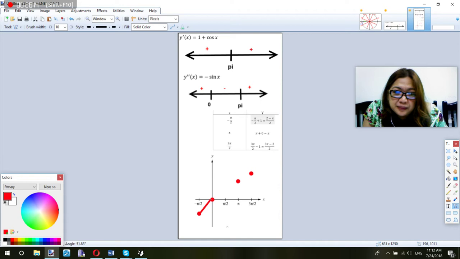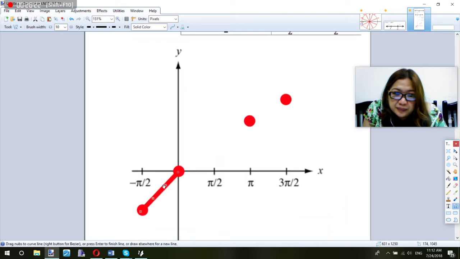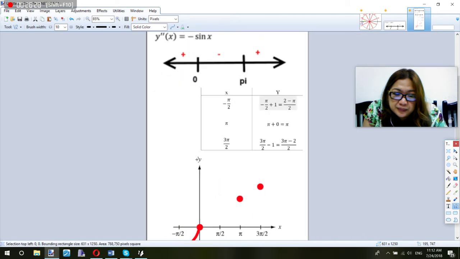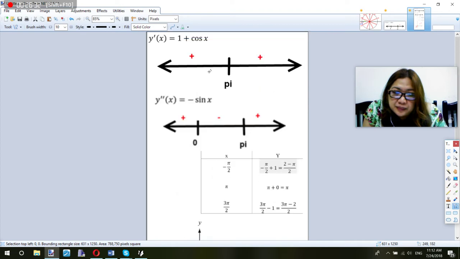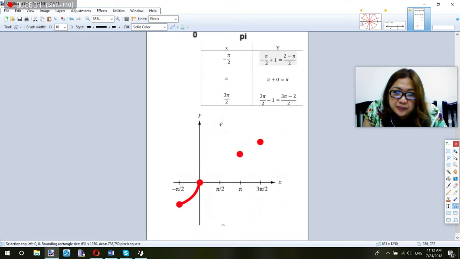I am increasing and concave up from the start of my interval to 0. Something like that. And then after 0, I become concave down until pi, but I'm still increasing until pi.